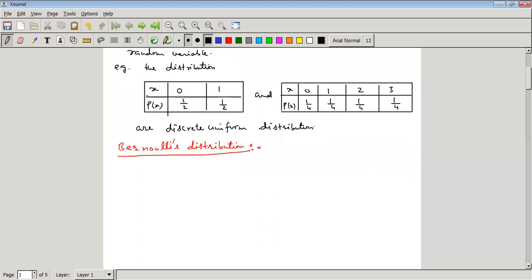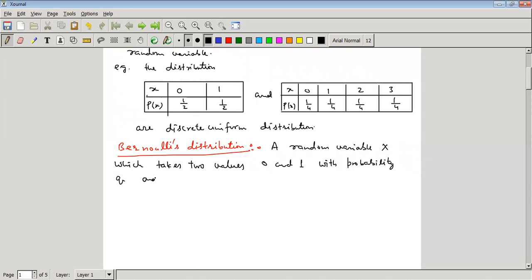A random variable capital X, which takes two values 0 and 1 with probability Q and P respectively.